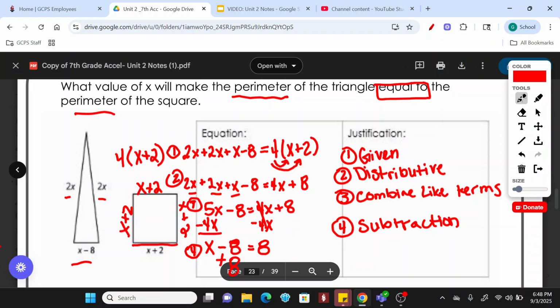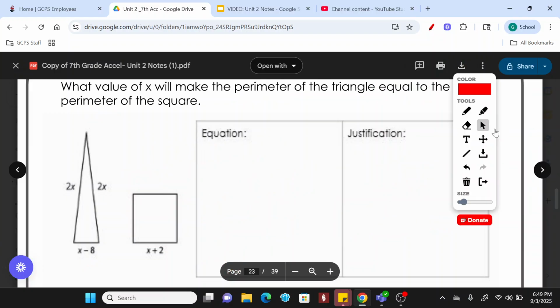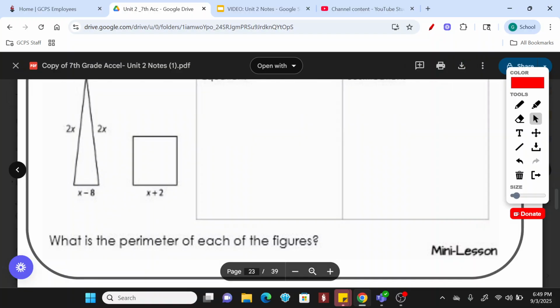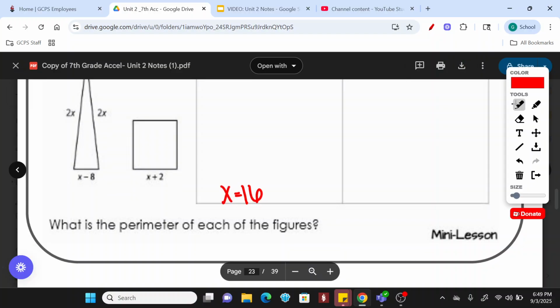All right. So now we have this equation up here, and I'm going to erase, and that way I have a little bit of room to write. So it says, what is the perimeter of each figure? So we've just learned that x equals 16, okay? So I'm going to take my equation, right?